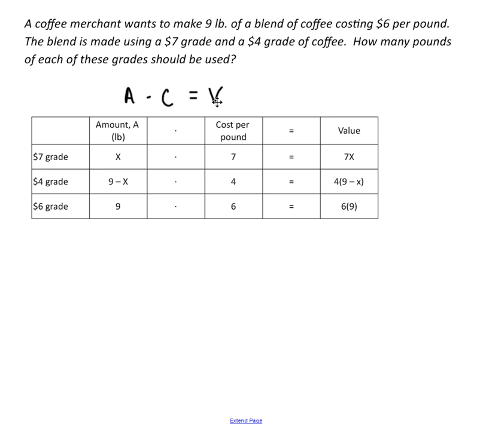Now, this is a formula that they show in the textbook, but what we want to look at is, if this is an amount, how many pounds, you can think of it this way. If we take the amount, let's say in pounds, for a certain type of thing, and we take the cost per pound, what are we left with?